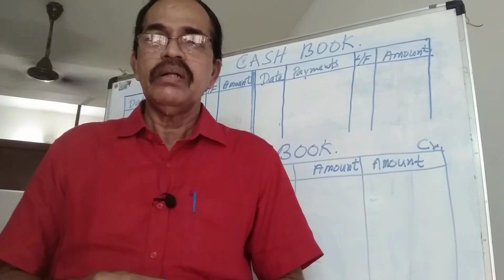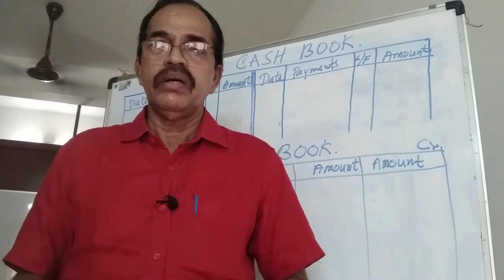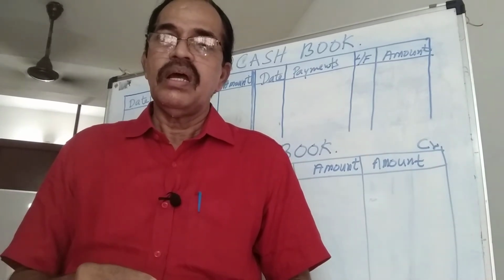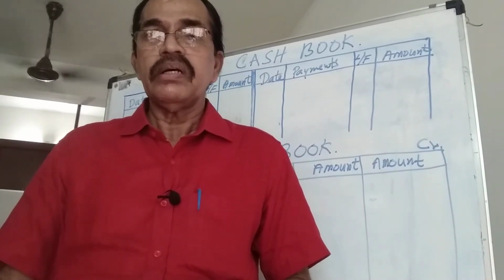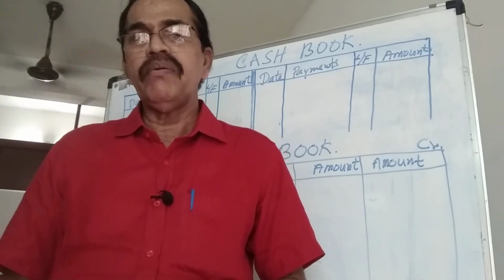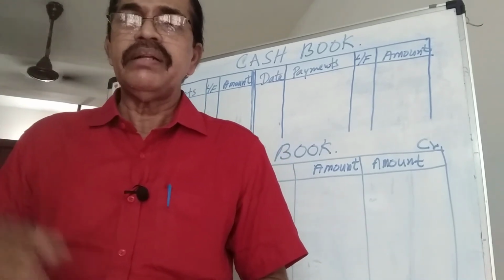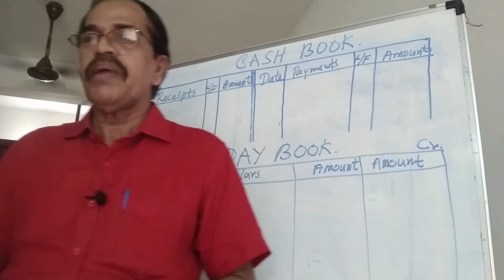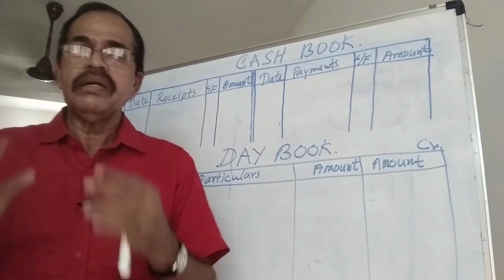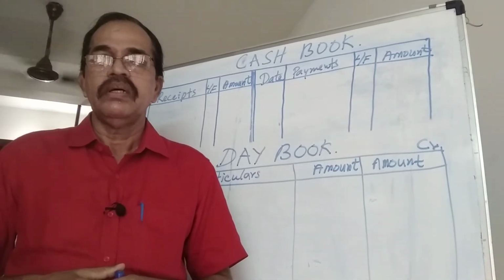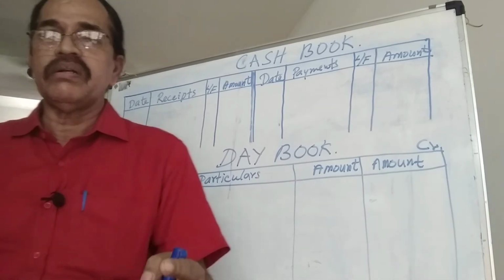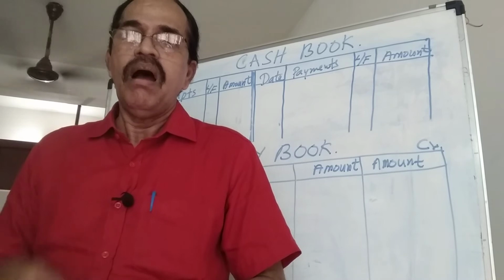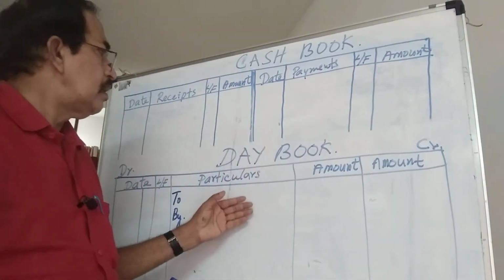In one file, there may be the invoices. In another file, there will be the purchase bills. And there will be the sale bills in another file. Then we have the expenditure vouchers, then the cash receipt bills, then the debit notes, then the credit notes, and the bank statements in different files. It is the information or the data contained in these supporting documents that is recorded in the day book.